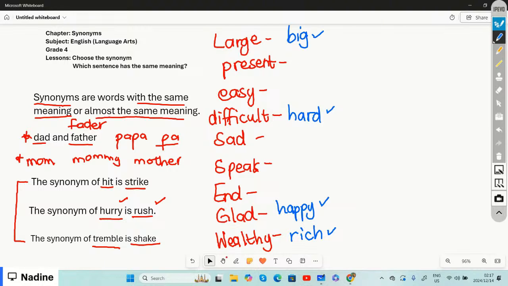What is another word for present? A present that you get, let's say, on your birthday. What is another word for presents that you get on your birthday?